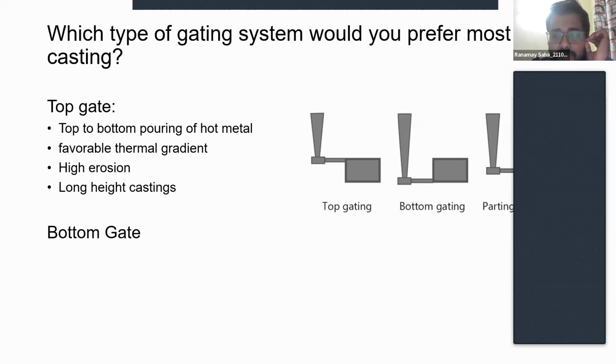Do you know what favorable thermal gradient means? No, sir. Okay, so in case of top gating, the material is being poured from the top. The hottest material, the metal having the highest temperature, is always on the top surface, right? Solidification begins from below.